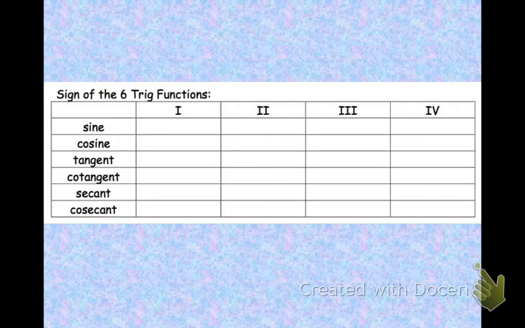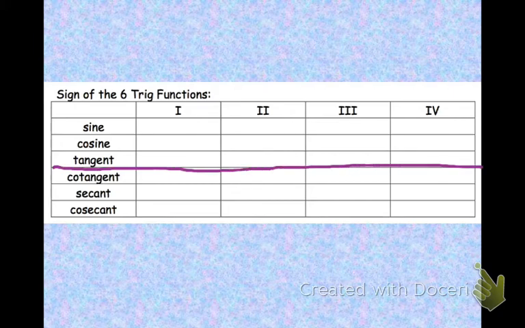The table here, the signs of the 6 trig functions in each of the quadrants. So we have the first quadrant, second quadrant, third quadrant, fourth quadrant. And we've already done the top part of this table. So we know that our phrase was all students take calc.